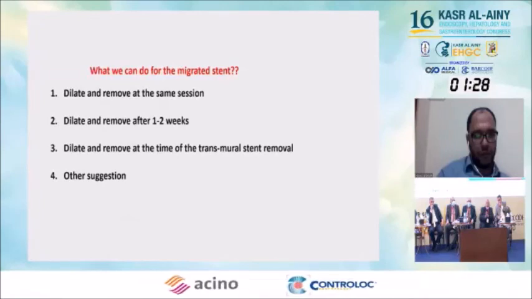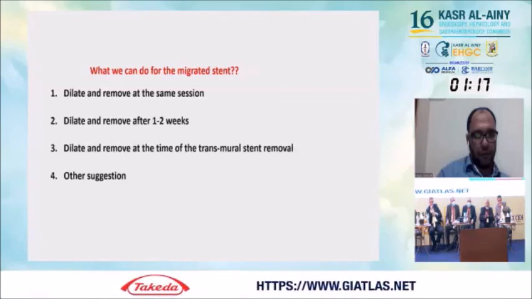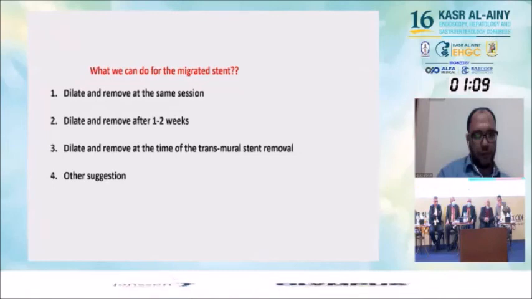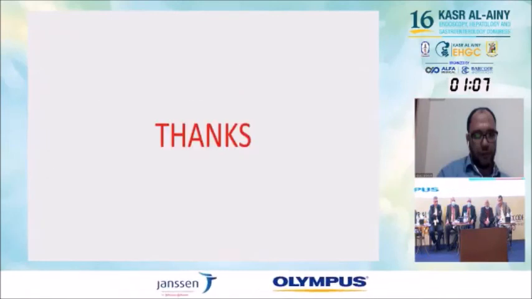To dilate and remove the stent in the same session, dilate and remove it after 1 to 2 weeks, or dilate and remove it at the time of transmural stent removal. Have any other suggestion? Thank you.